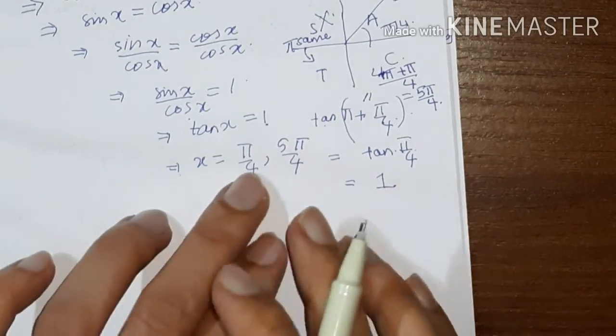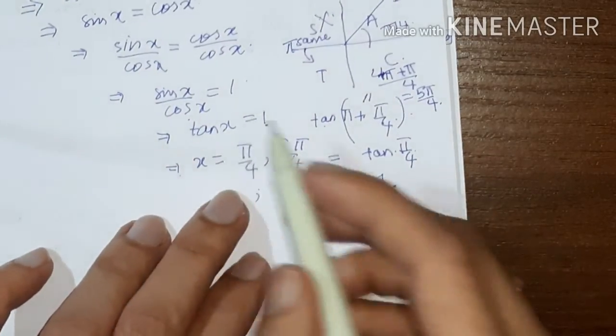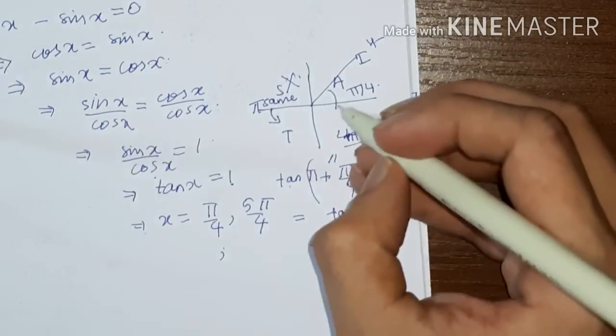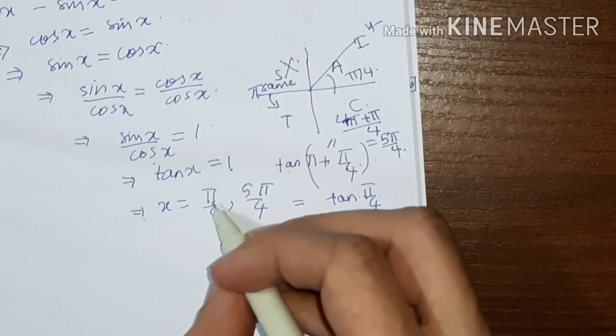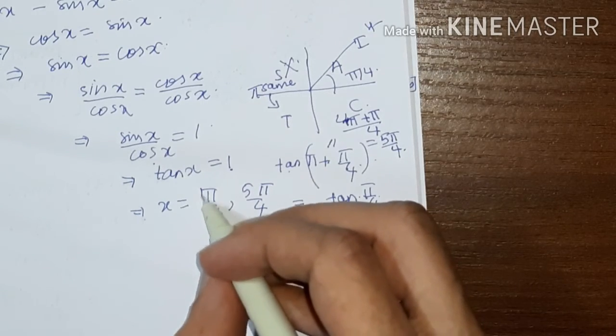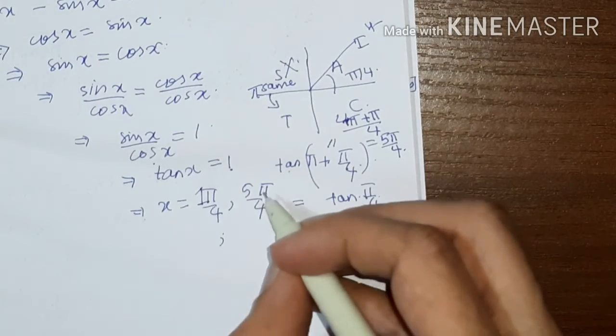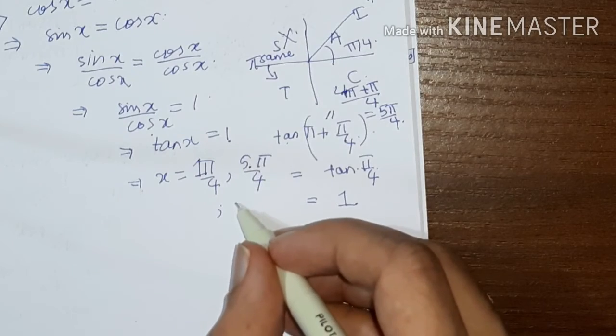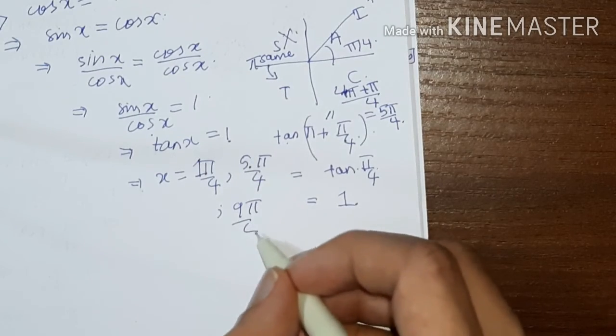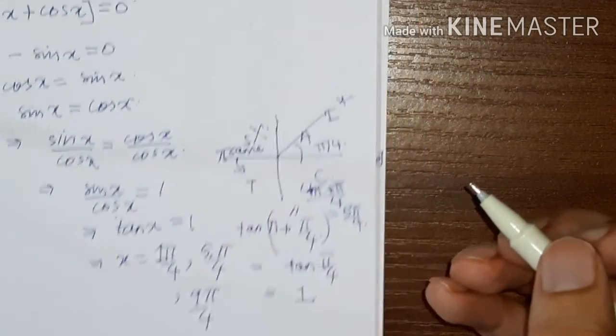So you are getting the values of x. Then again, if you look at the next value, what will it be? Just observe this: if you add 4 to the 1 here, you will get 5, and at that value tan x is 1. Again, if you add 4 to 5, you will get 9 pi by 4. And that is in which quadrant?